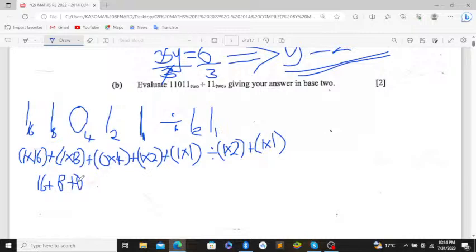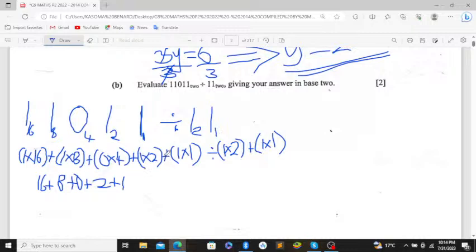Then plus, then we say 1 multiplied by 2 will give us 2. Sorry, not multiplication, but it should be plus. Then we say plus 1 multiplied by 1 will give us 1.